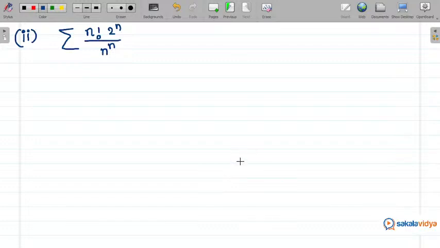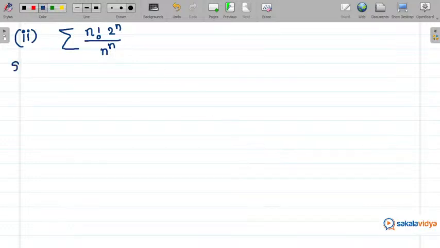Geometric series means 1 plus r plus r square plus r cube and so on, r to the power of n form. No. If you want to apply the p test, that is sigma 1 by n to the power of p form. No. Next, it is not in the form of f of n by g of n, where f of n, g of n are polynomials in n, with f of n less than g of n. So comparison test is not at all entertained. So go for D'Alembert ratio test.